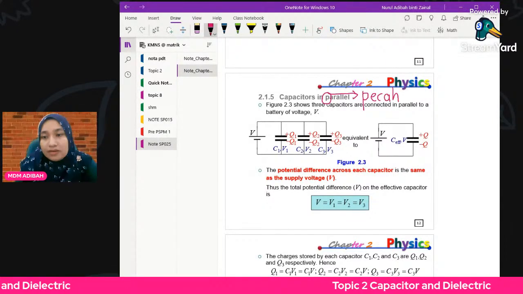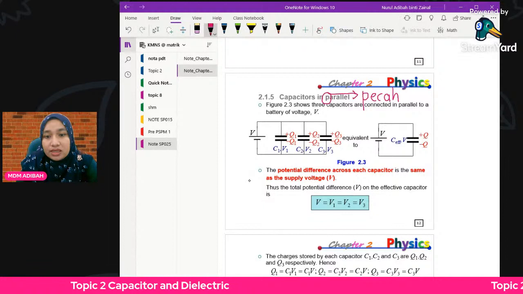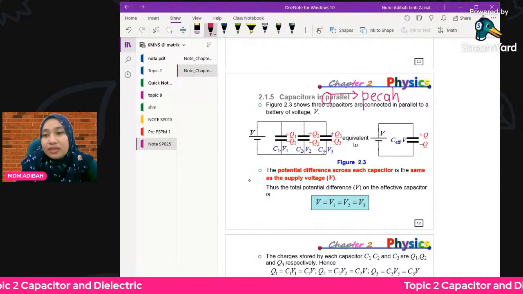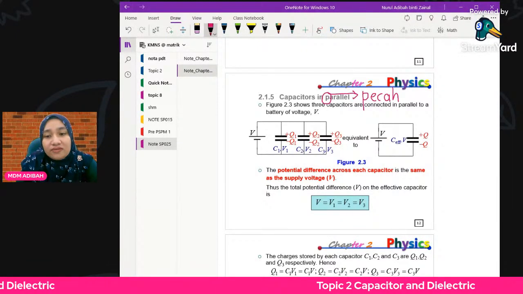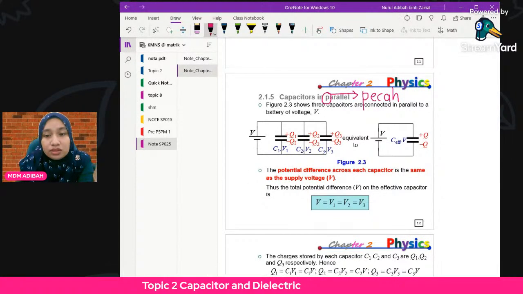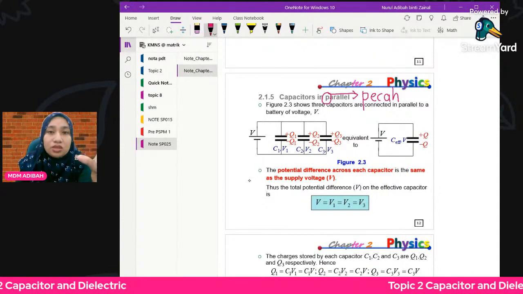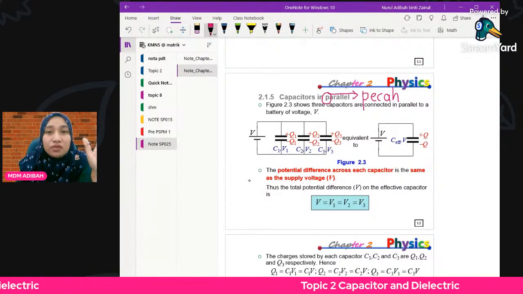Apa yang pecah? Kalau in terms of VIR, kita guna I tu yang pecah. Tapi dalam kes ini, kita ada C, Q and V, first formula yang you dah tahu. C is capacitance, Q is charge, dan V voltage.